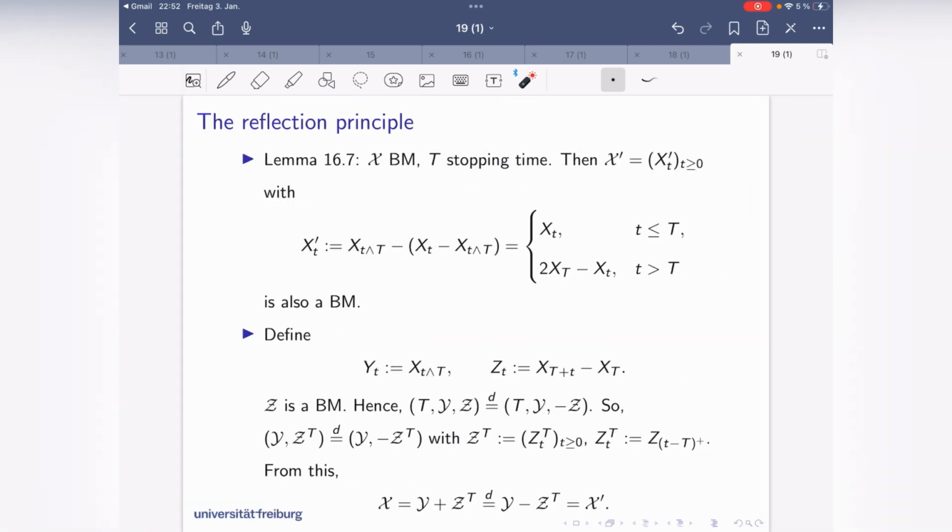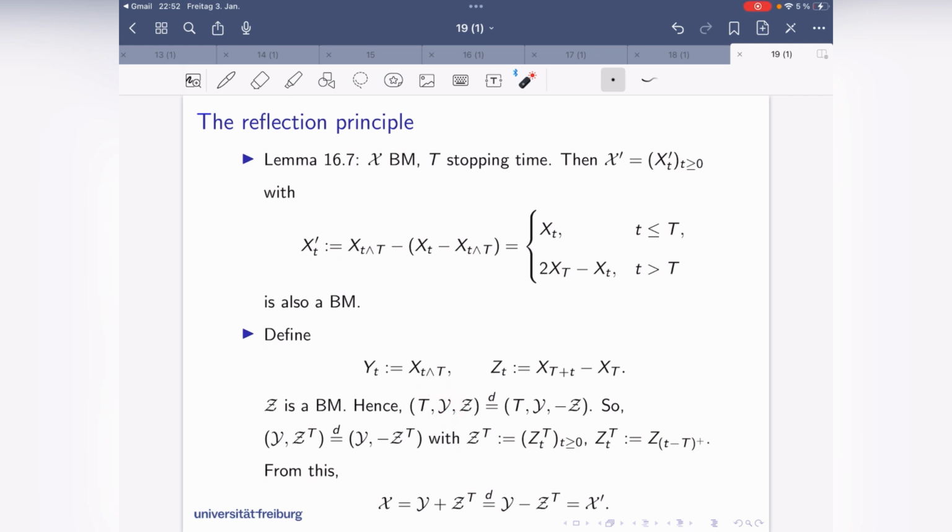And the argument is that T, Y, and Z are not independent, but T, Y and Z are independent because of the strong Markov property. So Z is the increment after the stopping time. We know Brownian motion is a strong Markov process, so that's independent of what came before.